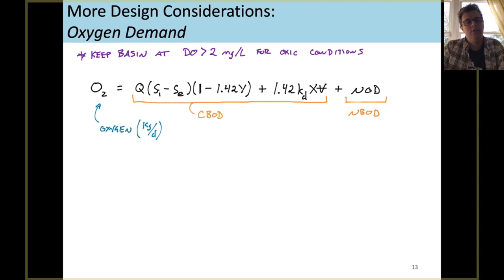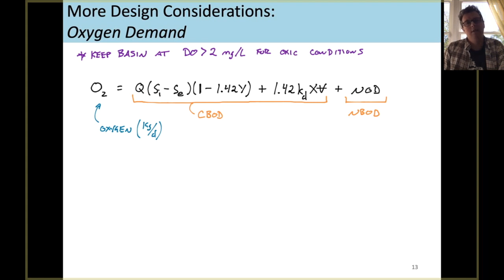And so those first two terms are basically taking discharge Q, using that to scale how much of your substrate S was removed. So Si minus Se gives you how much substrate was removed. And then that 1 minus 1.42Y, that's basically converting that substrate into its effective oxygen requirement.